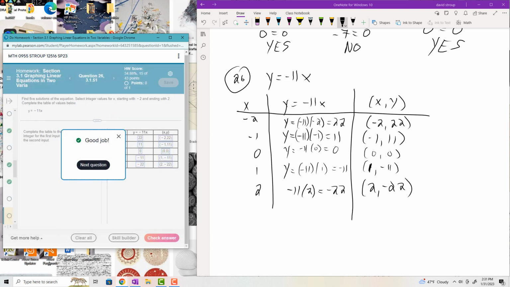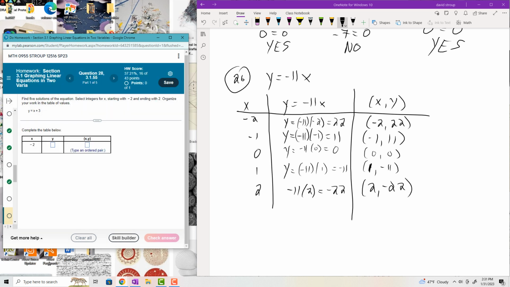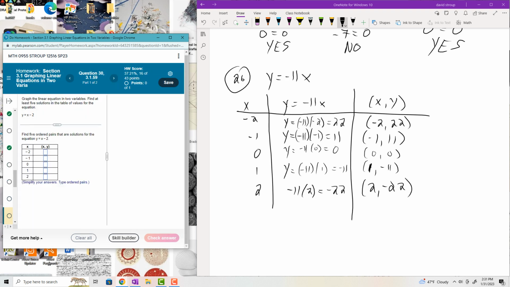Check your answer. Hope it's right. And okay, so then you just keep on moseying on. This is just another chart problem, except you're doing one at a time. Another chart problem. Another chart problem.